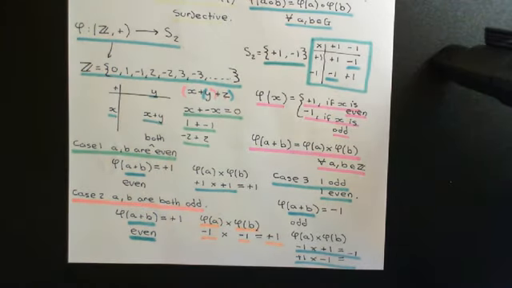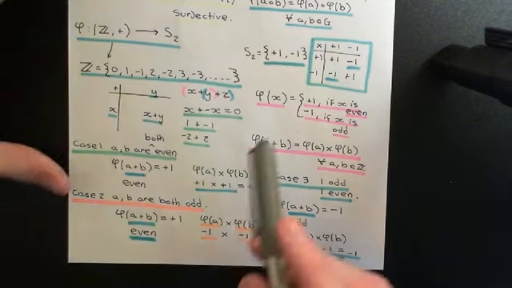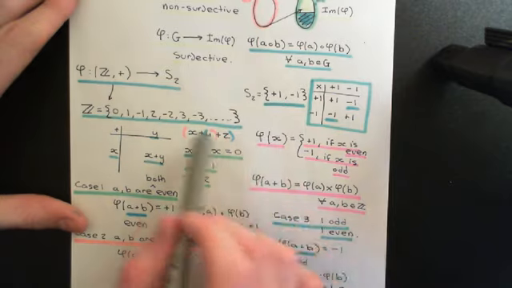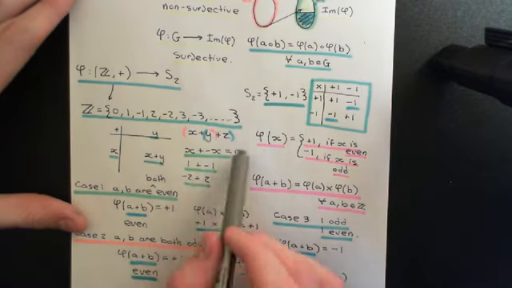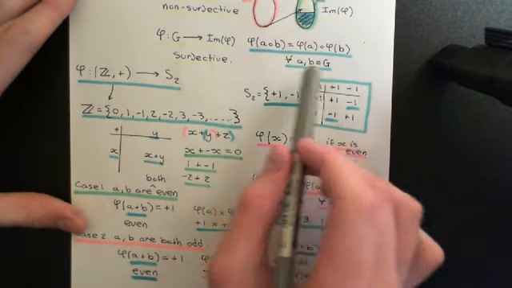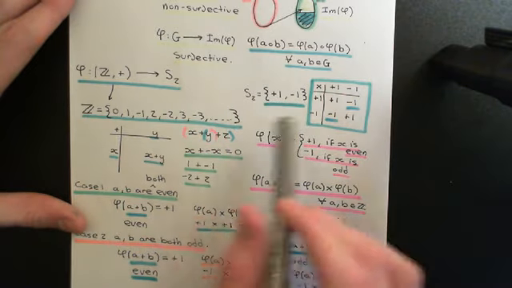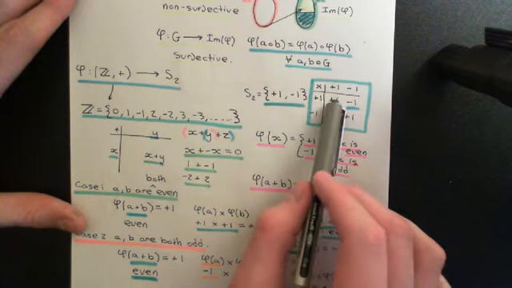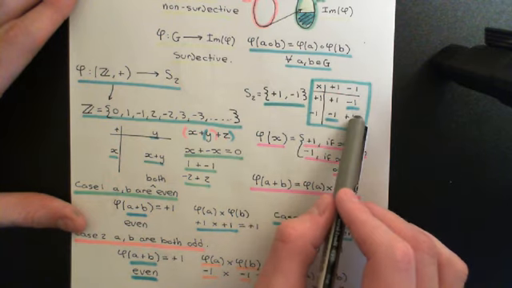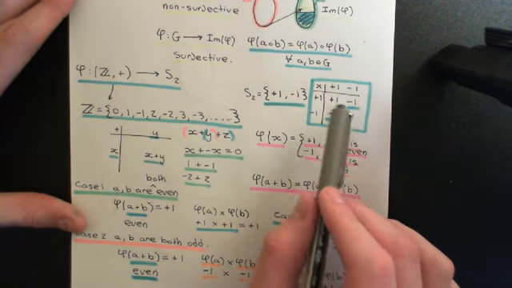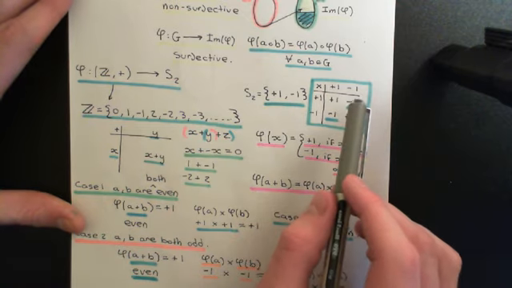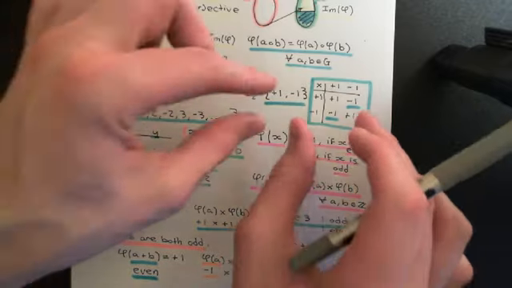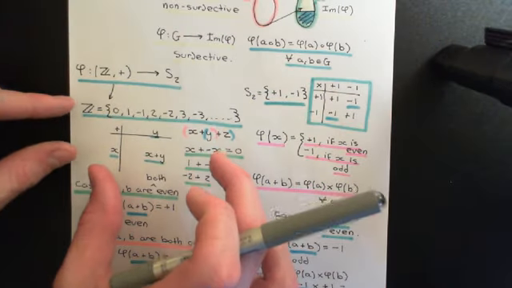Well, the way I see it is that the algebraic structure here captures some of the very blunt truth of the algebraic structure over here. It captures part of the pattern here. It captures specifically the fact that two even numbers will always add to give another even number, two odd numbers will always add to give an even number, and an odd number and an even number will always add to give an odd number. That's what it's capturing. It's capturing part of the algebraic structure of this one.